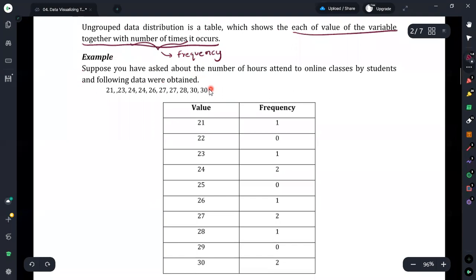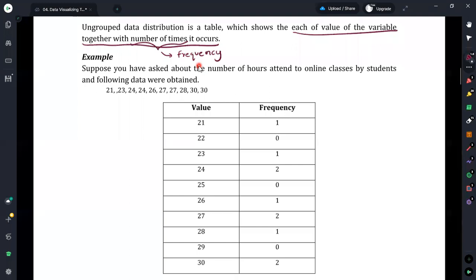Suppose that you are asked to obtain the number of hours attended to the online classes by each student, and the data obtained is mentioned here. The values are 21, 23, 24, 24, 26, 27, 27, 28, 30, and 30.